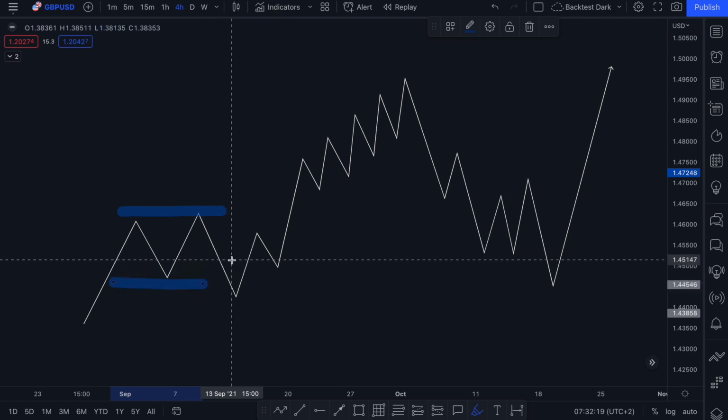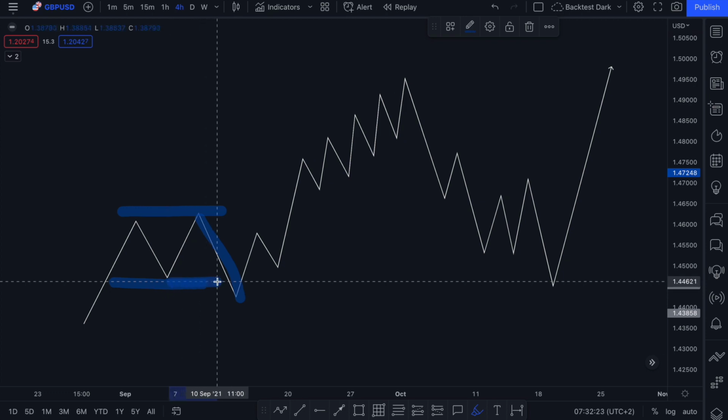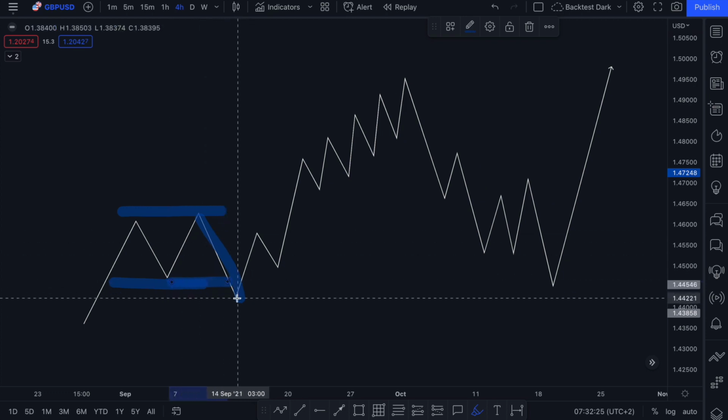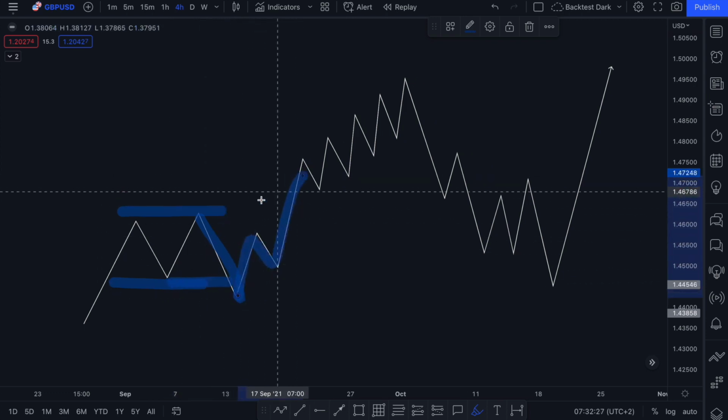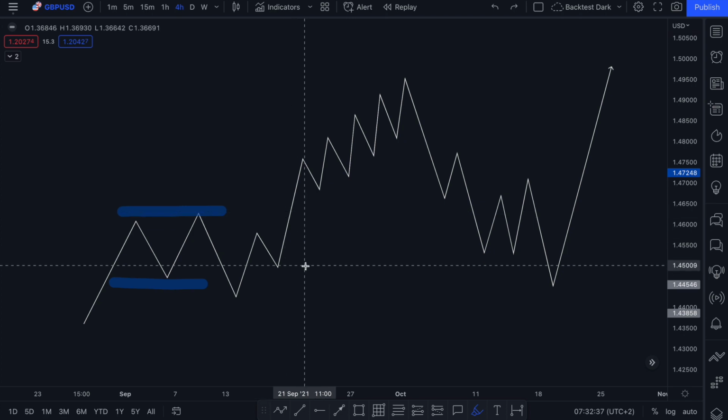Once London opens, price action pushes down to grab that Asian session low, and then very shortly after, it grabs the Asian session high. But that isn't enough liquidity for this institution to open 1 million lots.